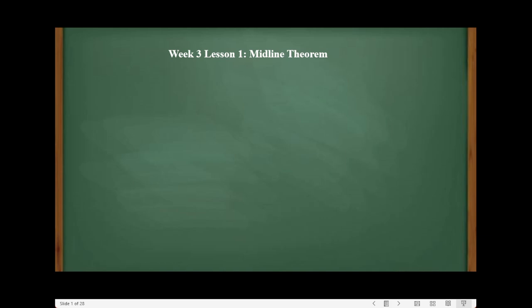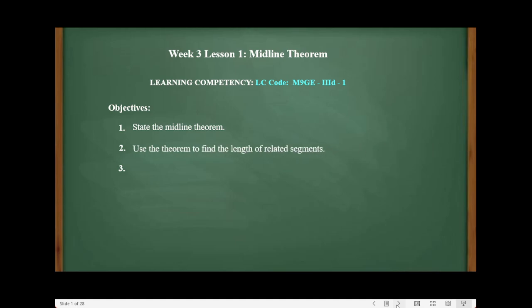At the end of this video, you should be able to state the Midline Theorem, apply or use this theorem to find the length of related segments. Then the last objective, participate actively during the discussion.